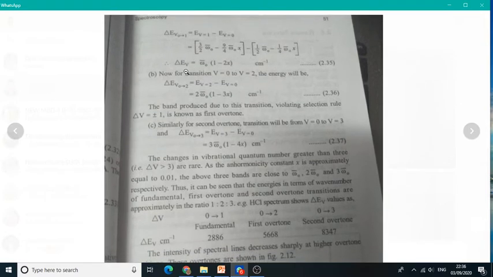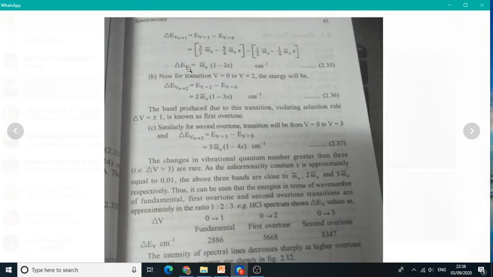That is the difference delta E phi is equal to omega bar oscillation in a bracket 1 minus 2x.